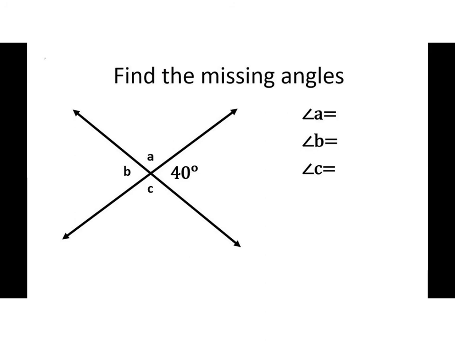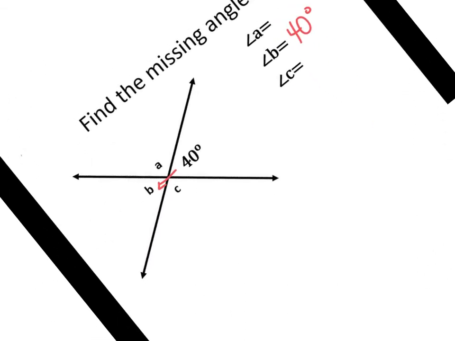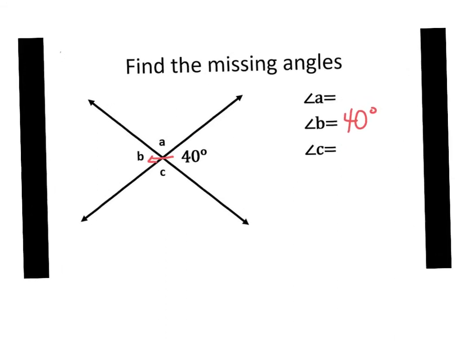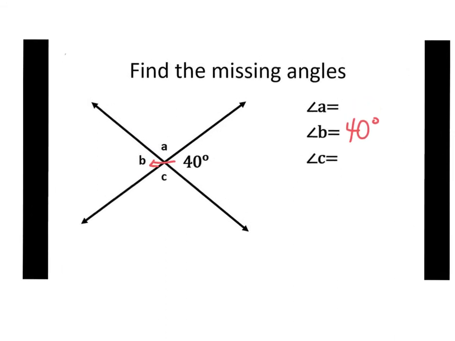Find the missing angles. First thing we're going to do is find the opposite of B, the vertical angle, because we know that's going to be equivalent. So B has to be 40 because it is a vertical angle to that 40-degree angle. Then let's solve for A first. Sometimes it's helpful to turn the page if you need to, and you can see that A plus 40 make a straight line, so those are supplementary angles, and they are going to equal 180 degrees.